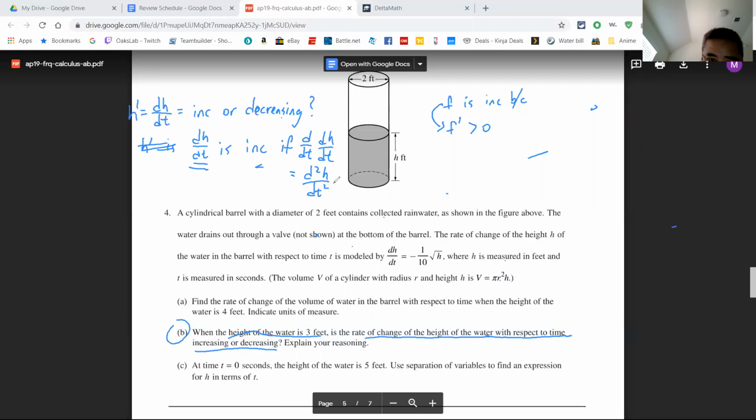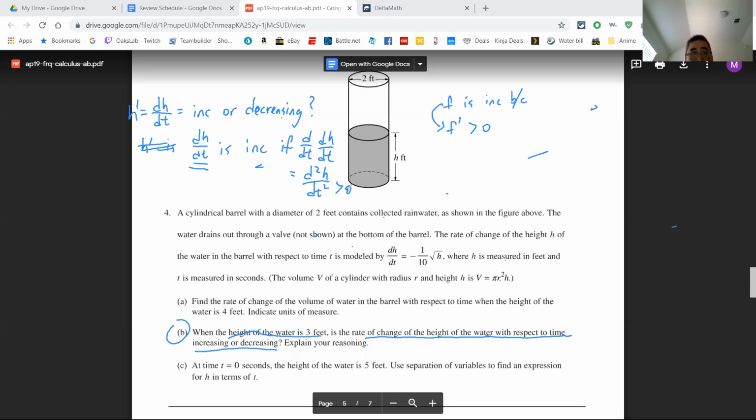It's what we're looking for. If the second derivative is positive, I know the first derivative is increasing. All right? If the second derivative is negative, then I know the first derivative is decreasing.